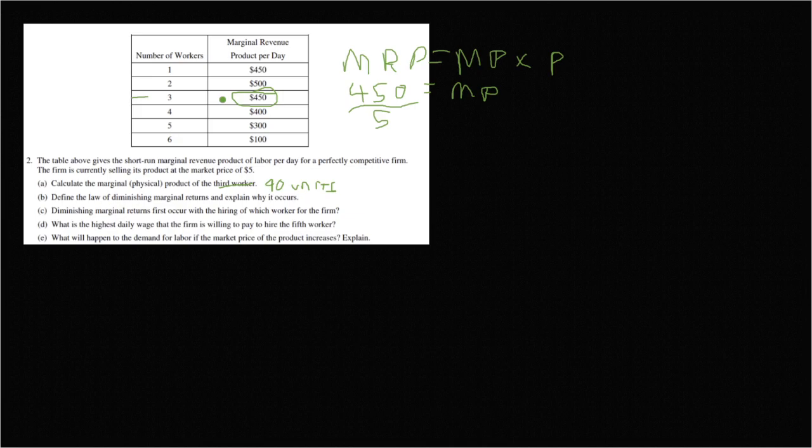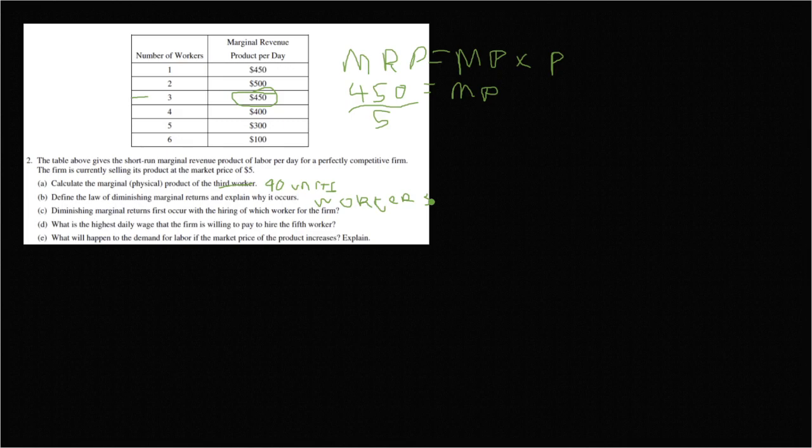That's where the diminishing marginal returns kind of kicks in, if you will. So this is worker 3. Okay. What is the highest daily wage that they would be willing to pay to the fifth worker?